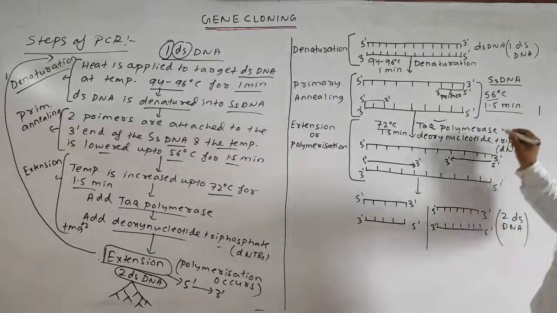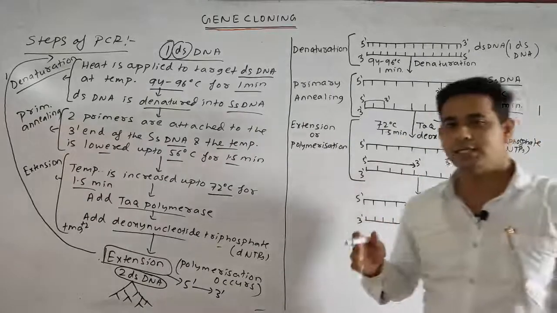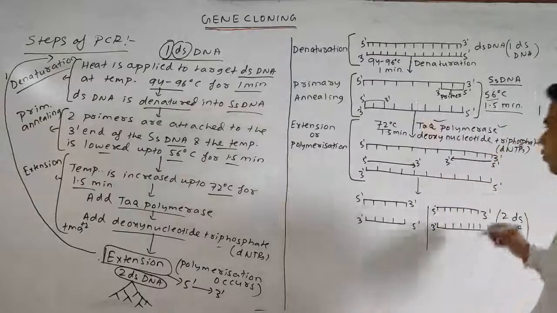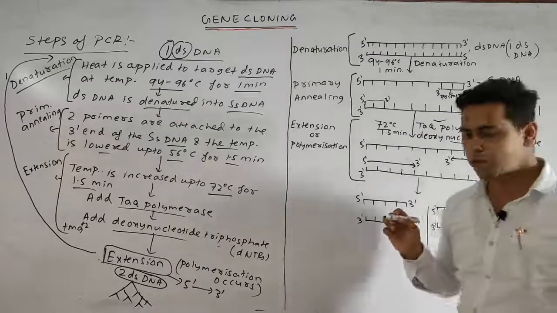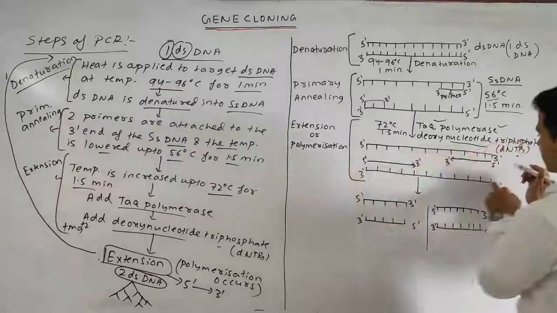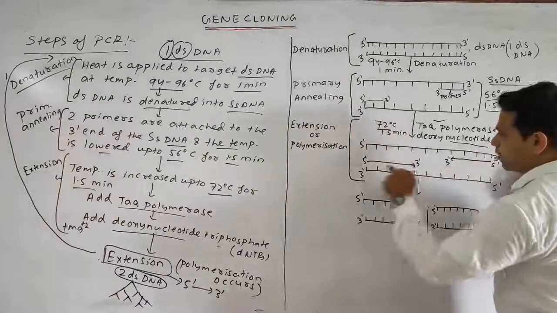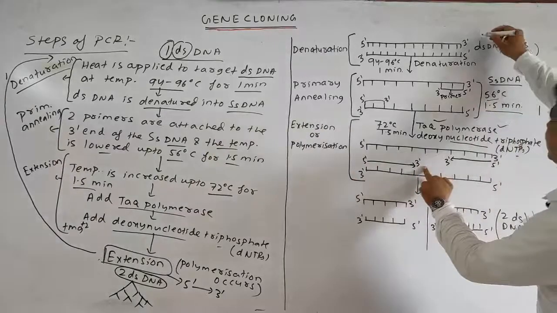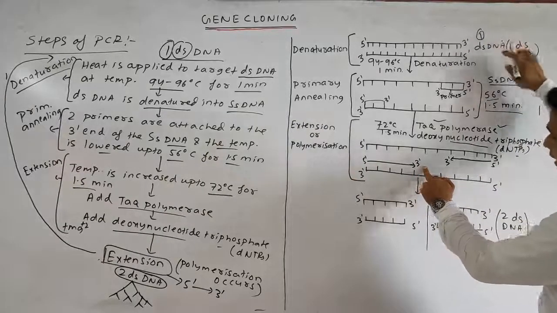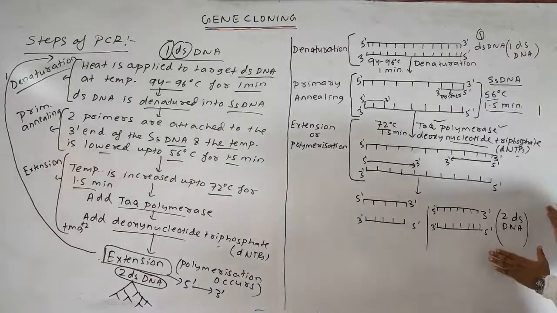We add Taq DNA polymerase enzyme, as it can sustain throughout the reaction. We also add the deoxynucleotide triphosphates, or the dNTPs, by which the extension takes place from the 5' end to the 3' end. And finally, we get from one double-stranded DNA to two double-stranded DNA.